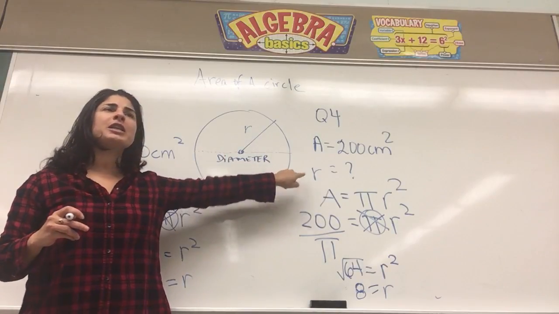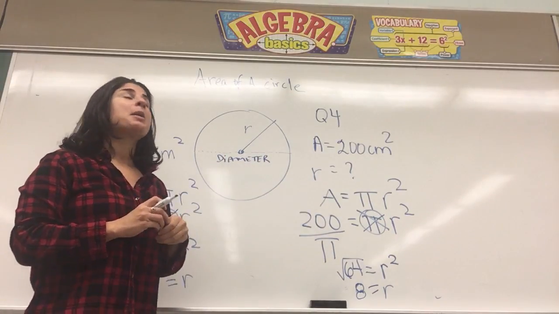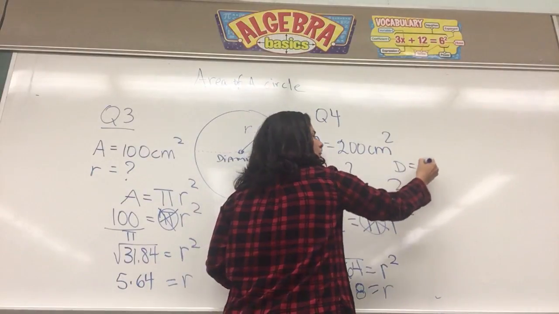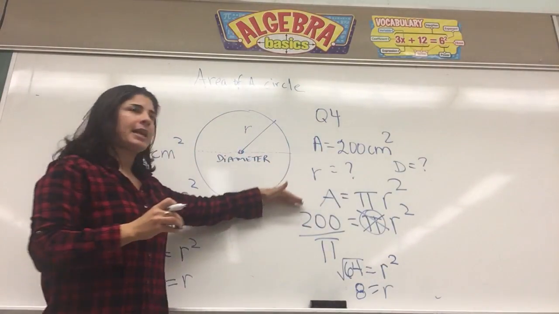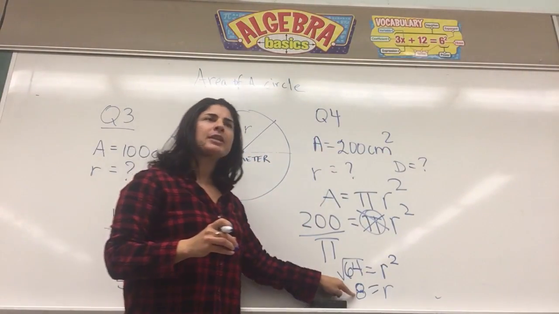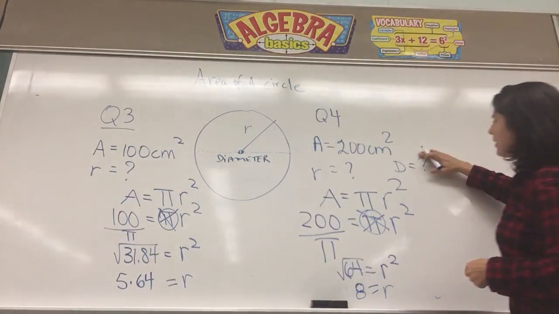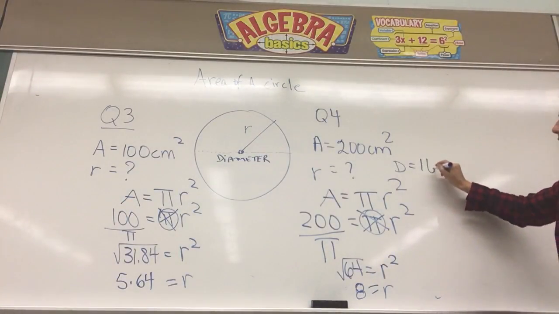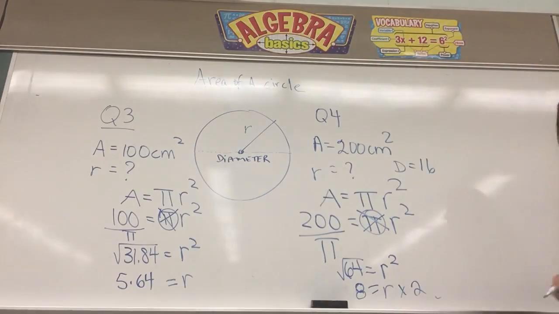So if the question was what is the diameter, you would still do the same steps, times it by 2, and your diameter would equal 16. Are we good?